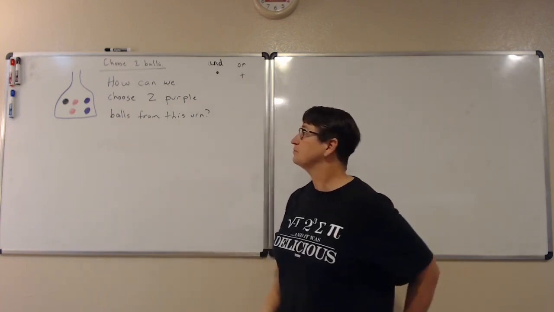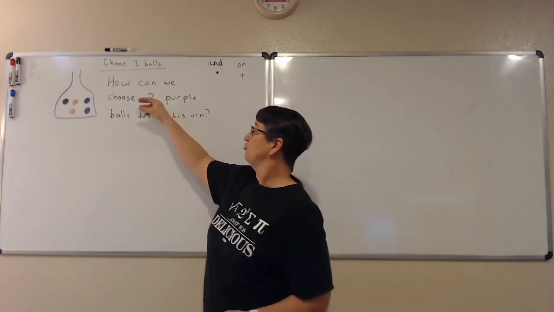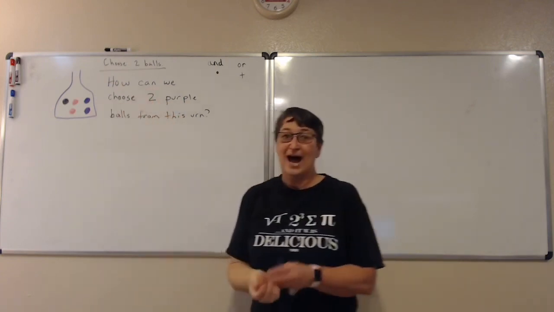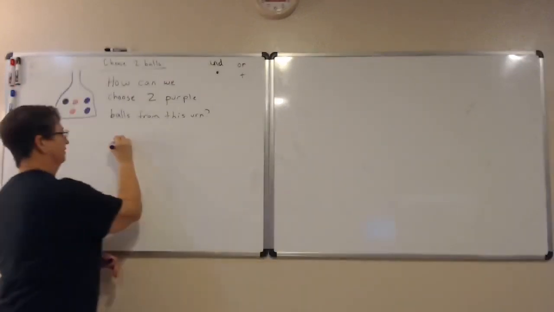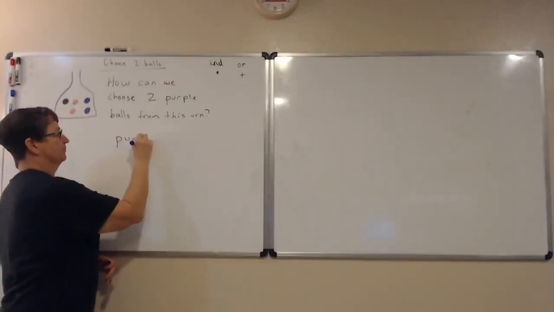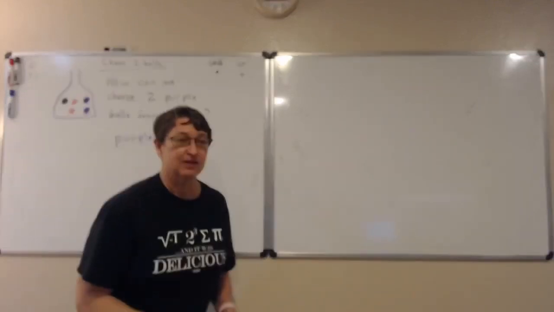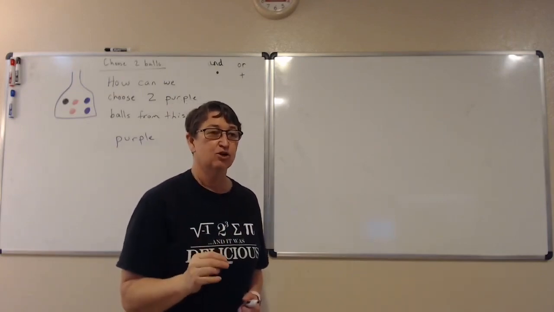So, if I'm going to choose two balls out and I want to get two purples, then on the first one I have to get a purple. I'm just going to write that down. Purple. And now you hear me say that word and in there? That's really important.